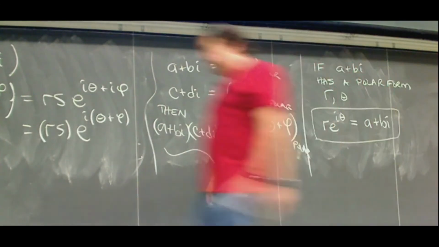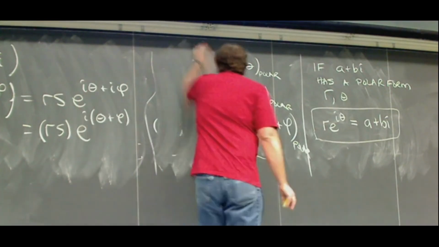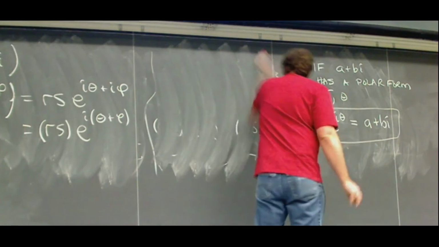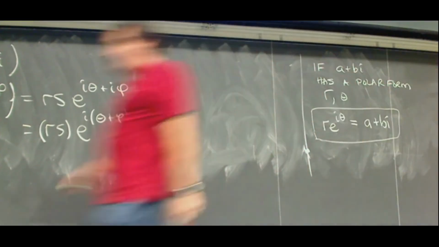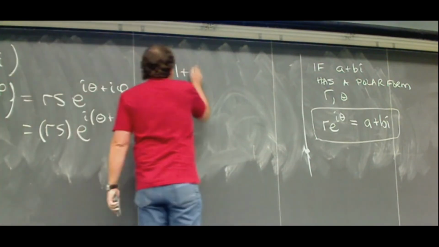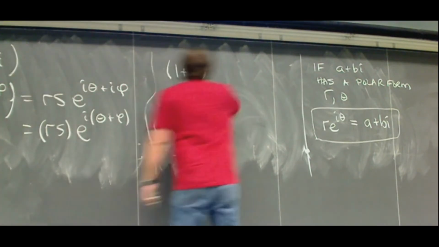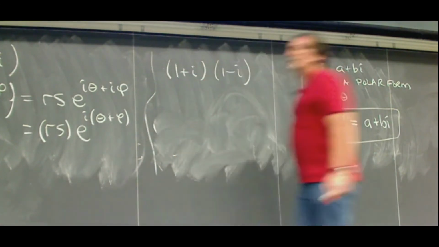Okay. So let's try this in a specific example. So suppose I want to do one where I can figure out the numbers. So let's say 1 plus i times 1 minus i.